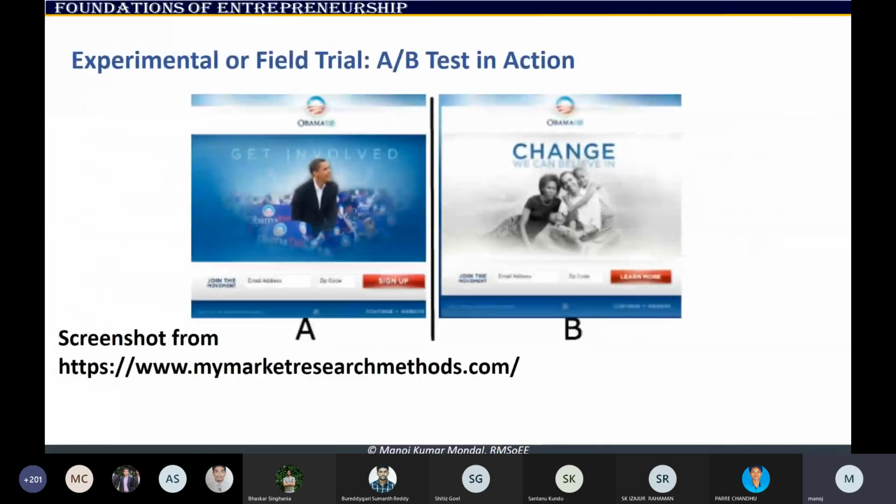When Barack Obama was trying to stand as a candidate for American presidency, he hired consultants, saying I need money, so I need donations, so I need a website with a design that will attract more people to donate. So they came up with a website where Barack Obama has a halo at the back, and they say get involved, something like that, and then sign up, join, etc.